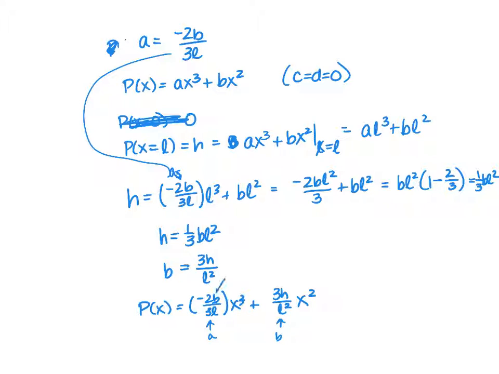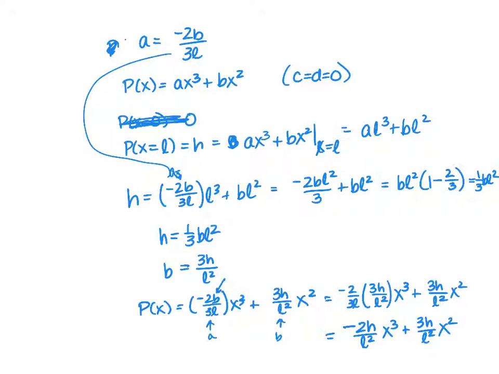But here's a b, and I have to substitute that. So I get minus 2/3 over L times 3h over L squared x cubed plus 3h over L squared x squared. So my p of x ends up to be minus 2h over L cubed x cubed plus 3h over L squared x squared.